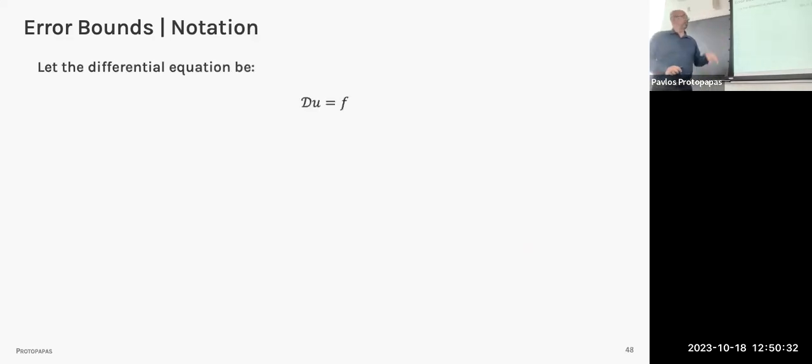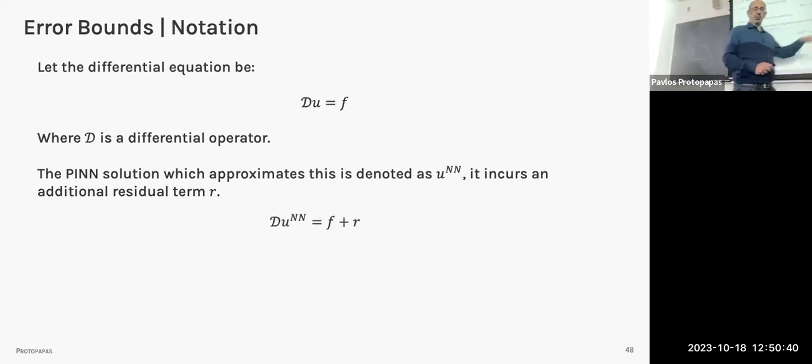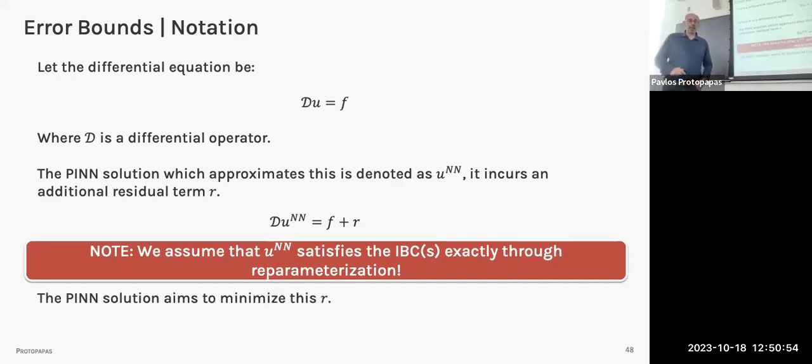So first of all, this is my differential equation. Again, D is the differential operator. Now the PINN solution I denote as UNN as I did before. So now D UNN is equal to F plus something, right? Because it's not exact. And this is the same thing. We assume we satisfy initial conditions, so I don't have to worry about it.